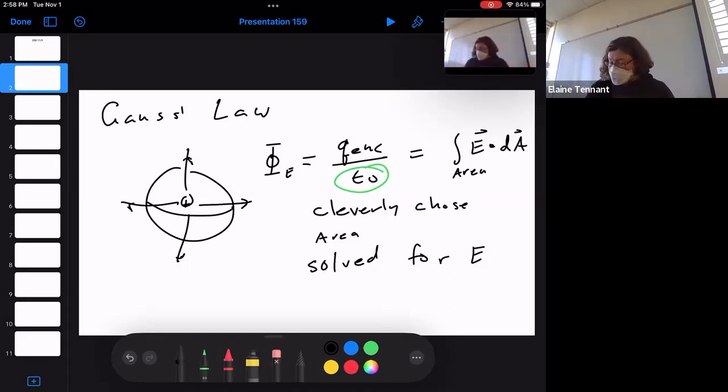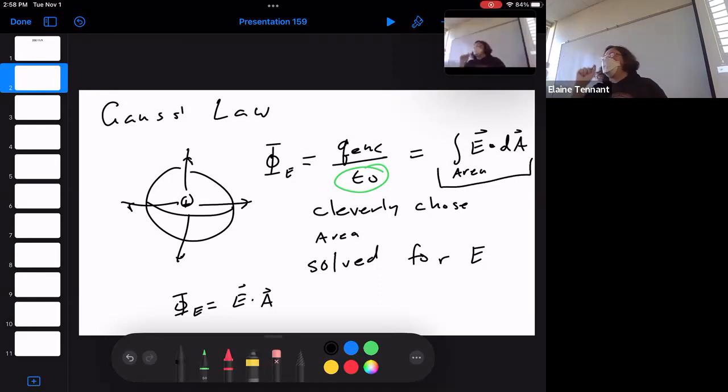Now, if my electric field was constant, I could just say E dot A. But if my electric field was not constant, I had to chunk my area up into little dAs, find the flux through each one, and then add them all up.